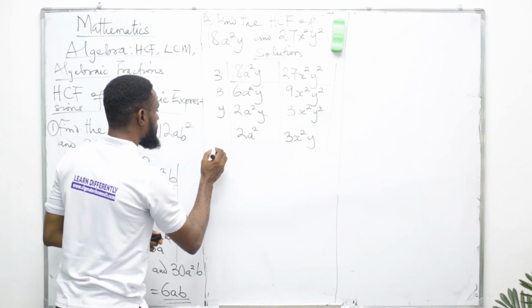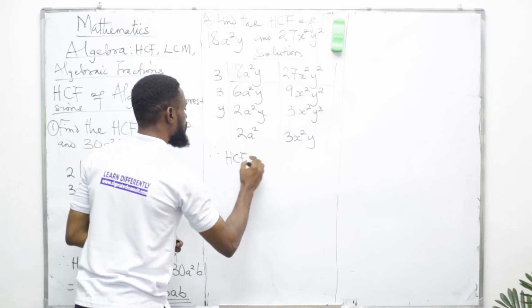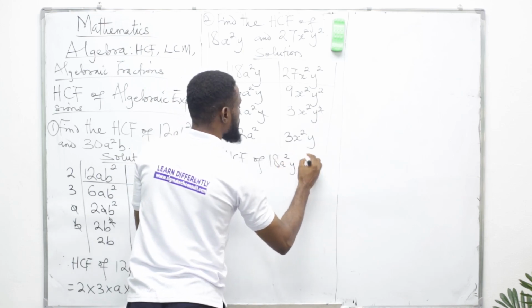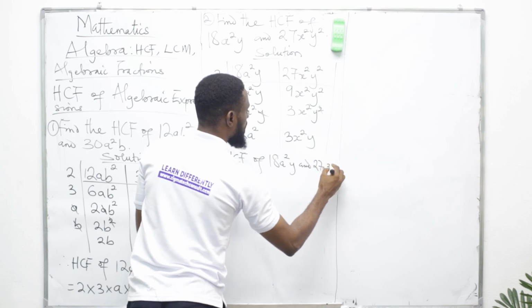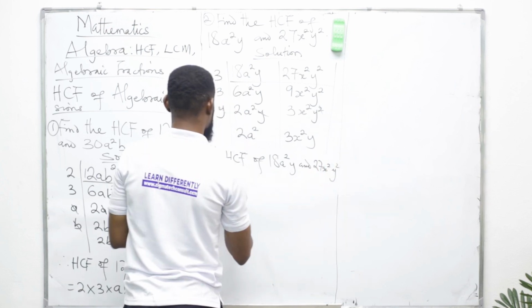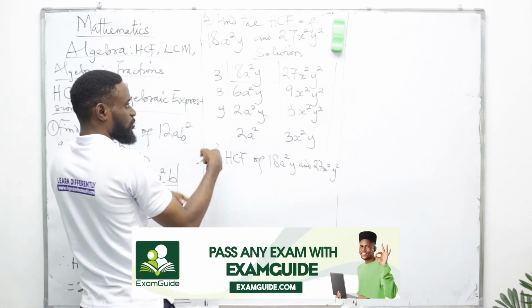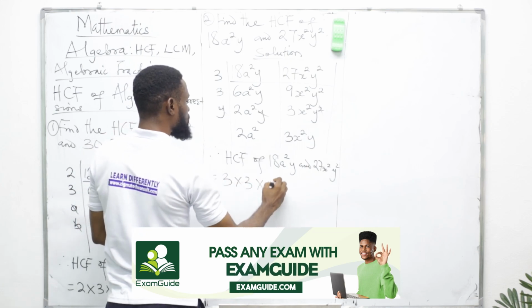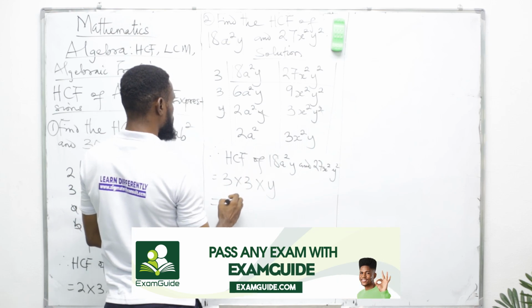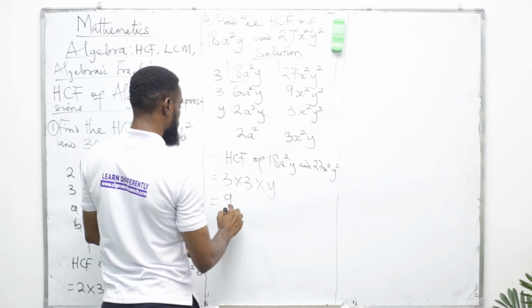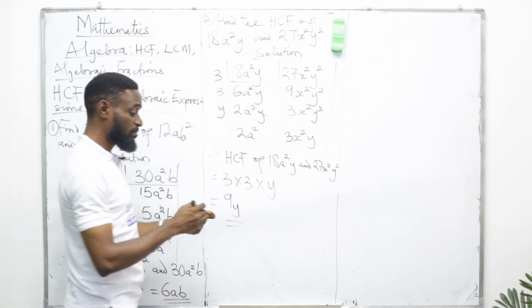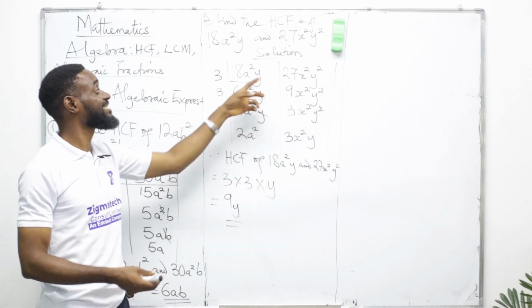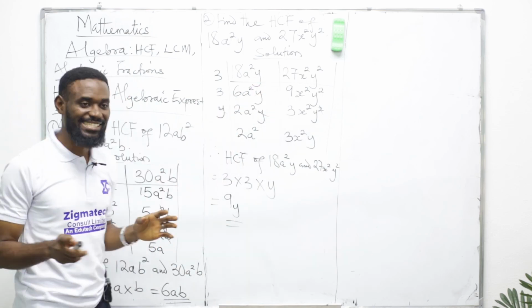We say, therefore, HCF of 18a squared y and 27x squared y squared is equal to multiplication of the factors that contributed to giving us this, okay? 3 times 3 times y gives us 9y. So what that means is that the HCF of this expression is 9y, just like the HCF of 18 and 27 is still 9. Do you understand me?